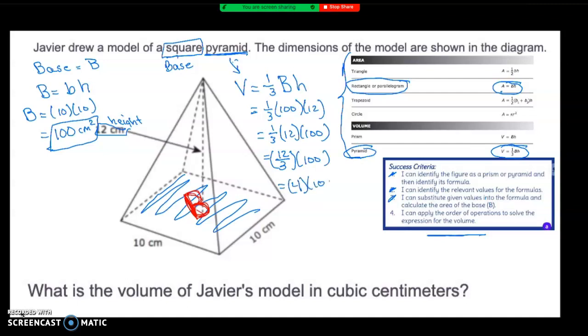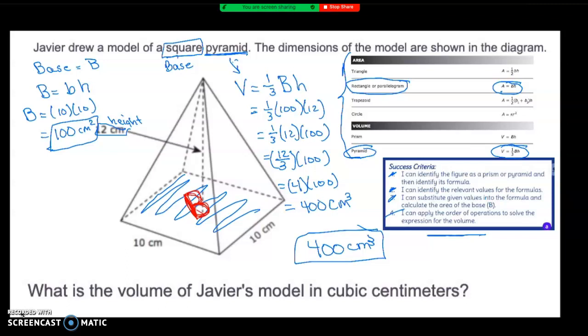I bring down the 100, and 4 times 100 gives me 400 centimeters cubed. So I did the order of operations and I solved for my answer. My answer for the square pyramid is 400 centimeters cubed. Okay?